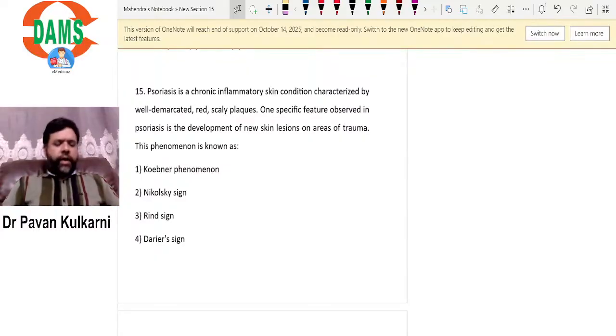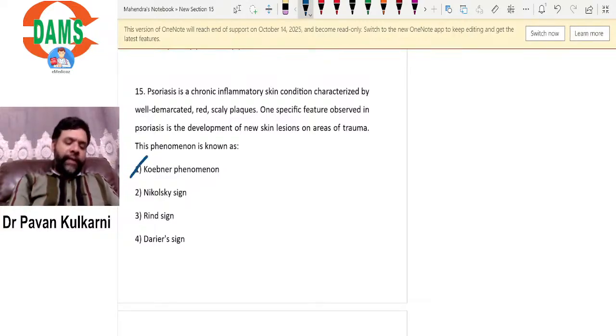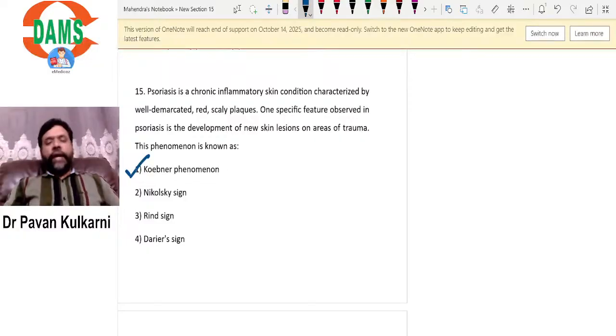Psoriasis is a chronic inflammatory skin condition characterized by well-demarcated red scaly plaques. One specific feature observed in psoriasis is the development of new skin lesions on areas of trauma. This is known as Koebner's phenomenon.